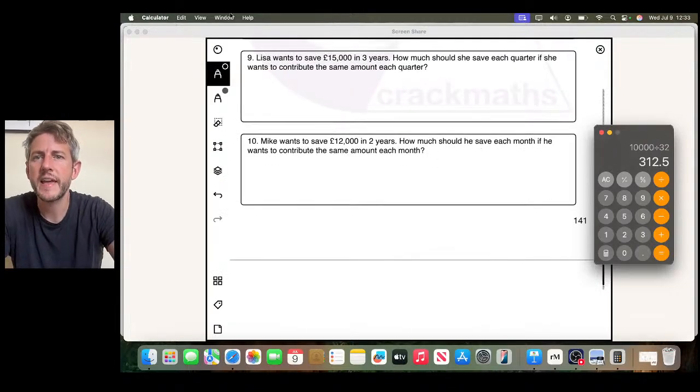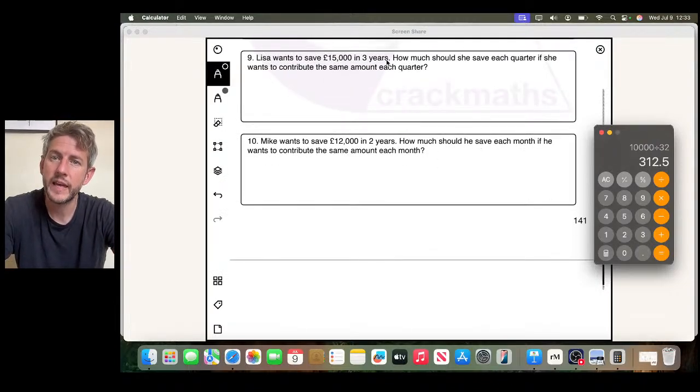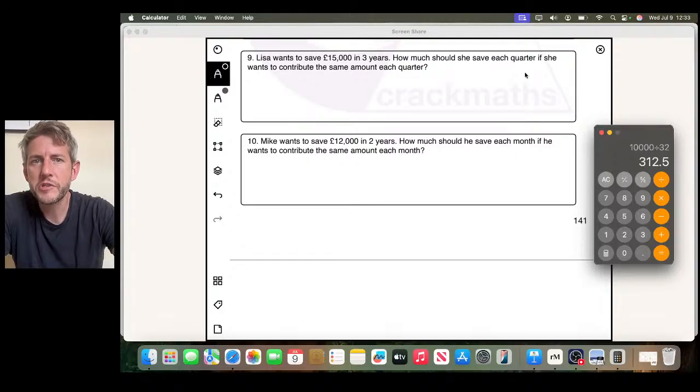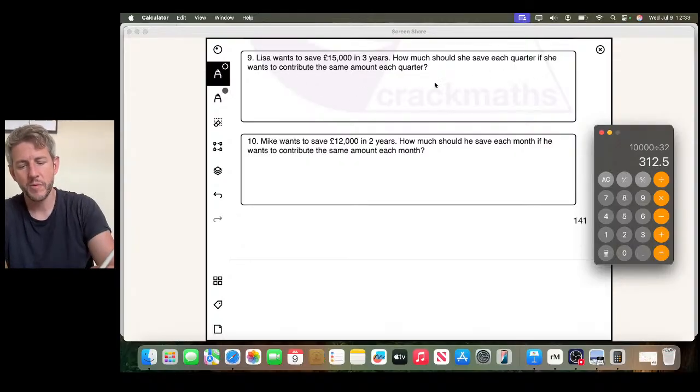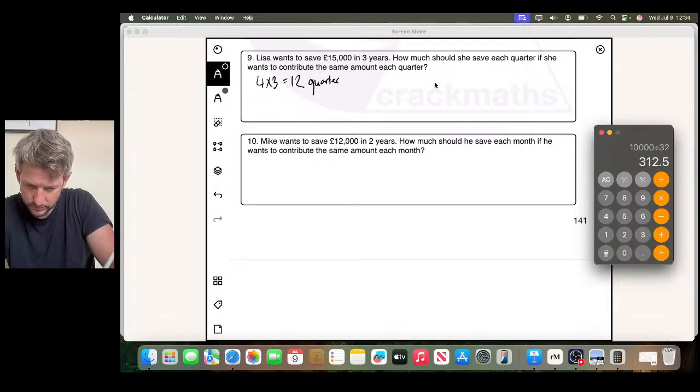Lisa wants to save £15,000 in 3 years. How much should she save? It's like a tongue twister. How much should she save each quarter if she wants to contribute the same? So remember, 4 quarters in 1 year. So 4 times 3 means that we're looking at 12 quarters. Okay, and so 12 quarters equals 15,000.